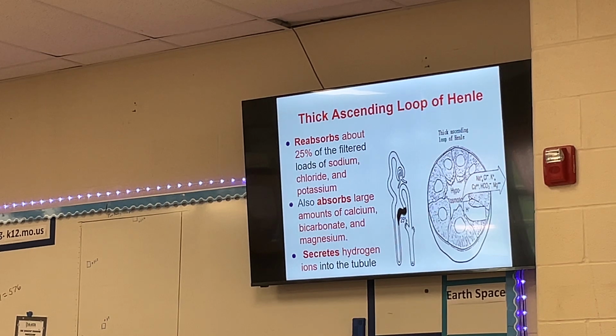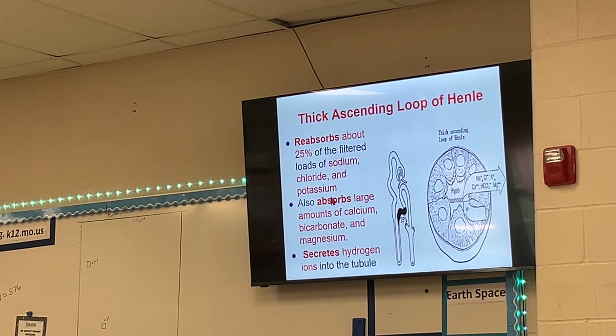So the thick ascending limb reabsorbs about 25% of sodium chloride and potassium, absorbs a large amount of calcium, bicarbonate, and magnesium, and secretes the hydrogen ions. So this part right here is much thicker, as you can see in this cross section. The hydrogen ions are coming into the tube, and the potassium, chloride, sodium, all of that is going out and being reabsorbed back into the blood.